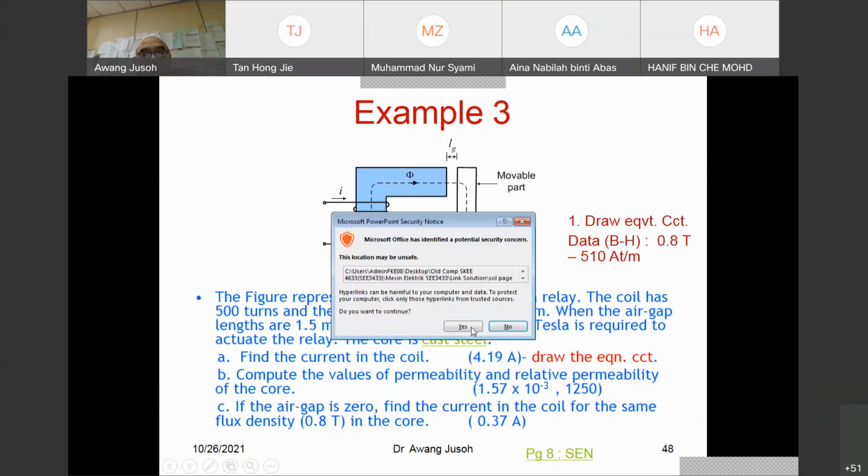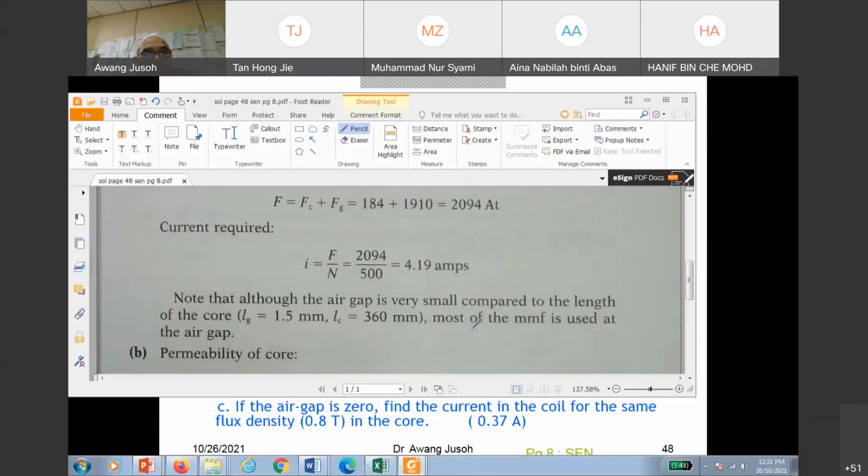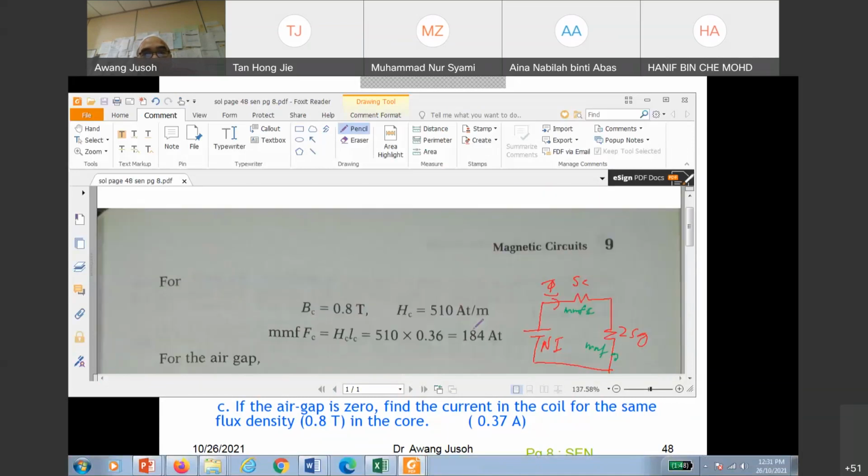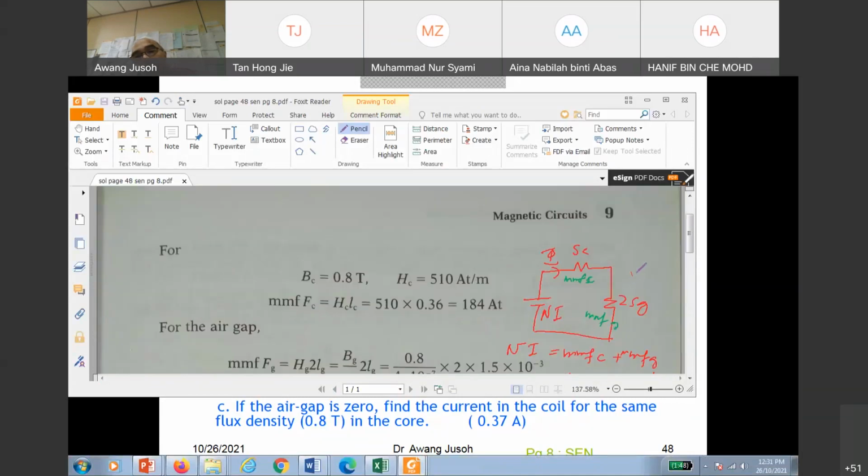I can just go to this present solution. All right. Okay, here. So this thing happens. You change this physical thing to this kind of circuit. So you got Ni, and this is your flux, S core, and you got 2 Sg. Why 2? Because you got 2 air gaps. That means 2 multiplied by Sg.